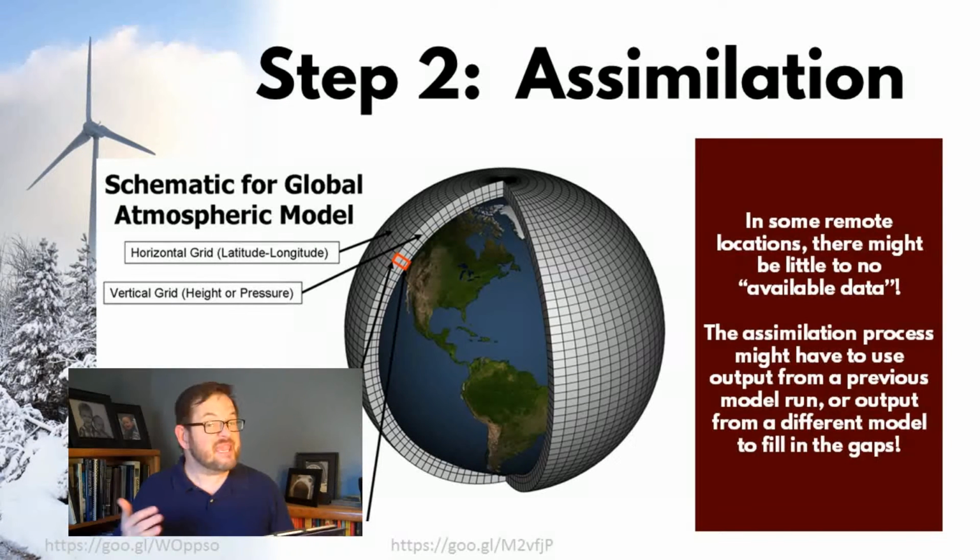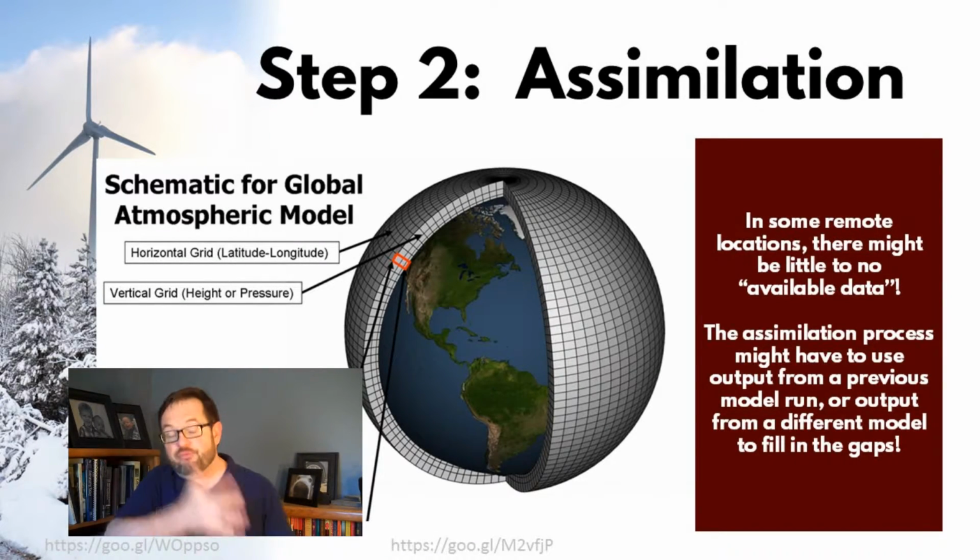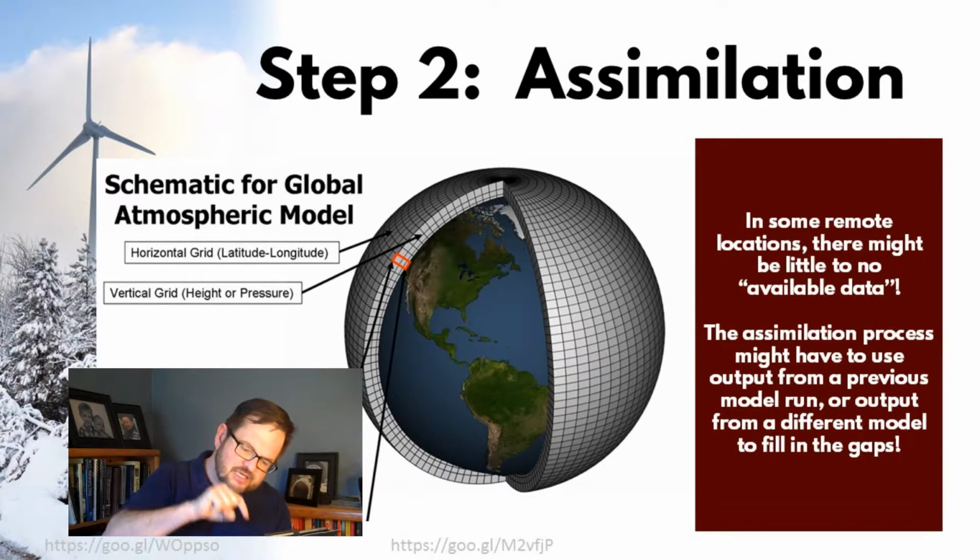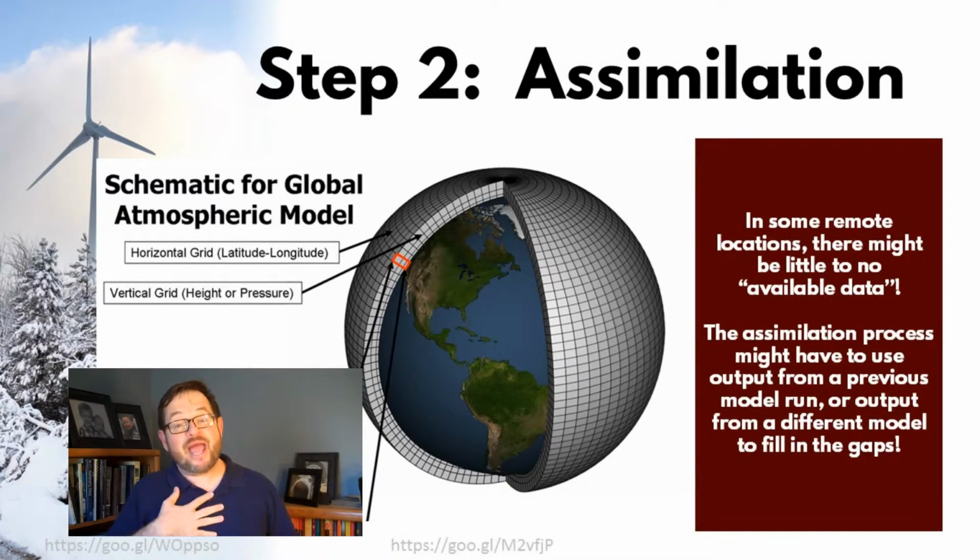There might not be any reports of any data. So sometimes the assimilation process has to actually use the output of other model runs as input for this model run. And this is a very fascinating process of developing a coherent idea where literally every single box you see on here, we now have a consistent idea of what is the temperature, pressure, winds, humidity, cloud cover, etc.